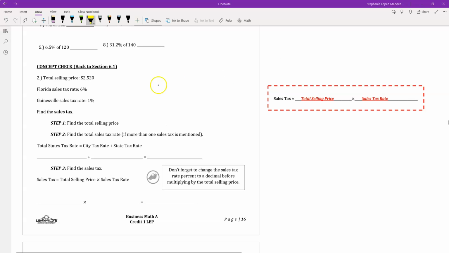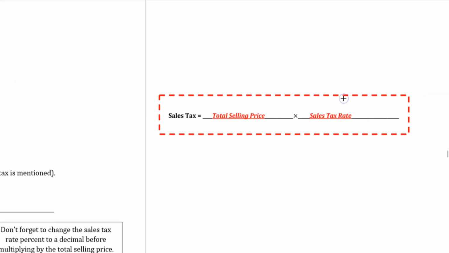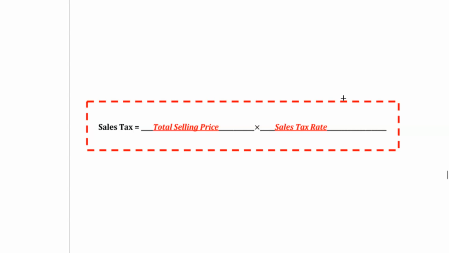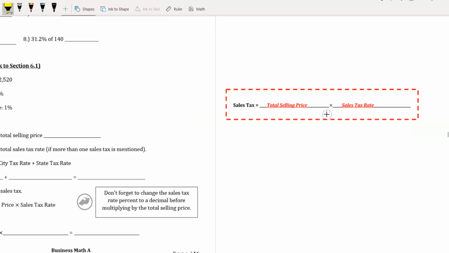Back to section 6.1. Remember the formula we presented at the beginning of this section. Sales tax equals total selling price times or multiplied by sales tax rate.